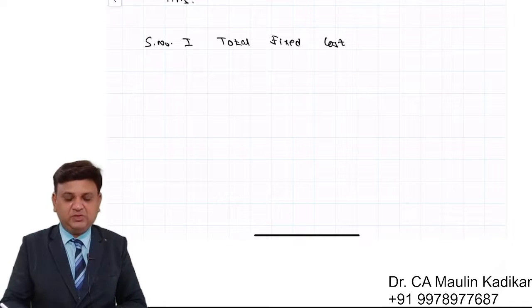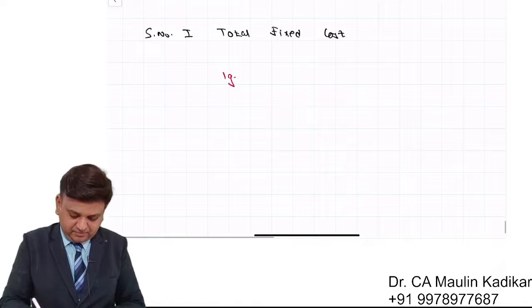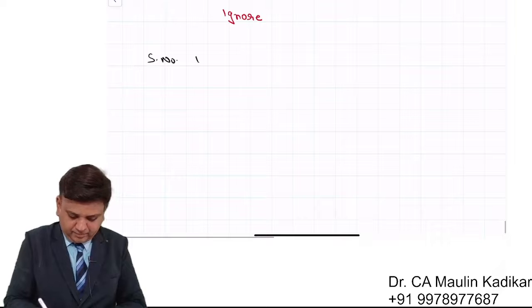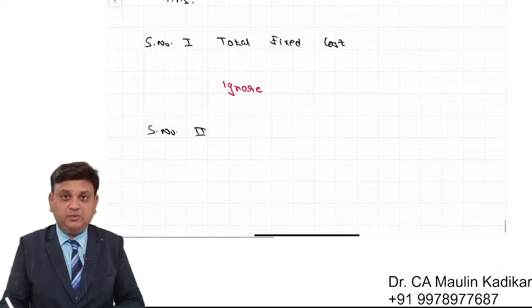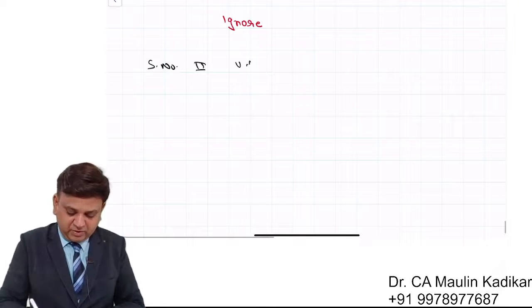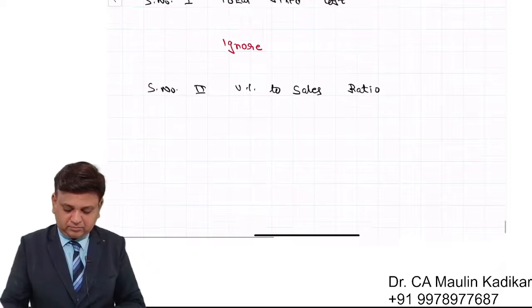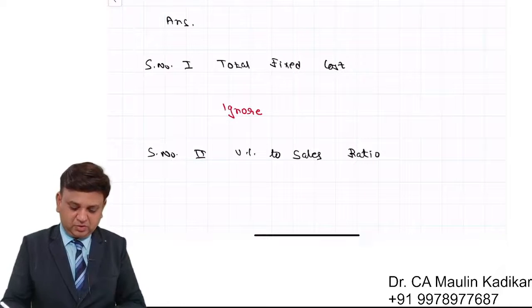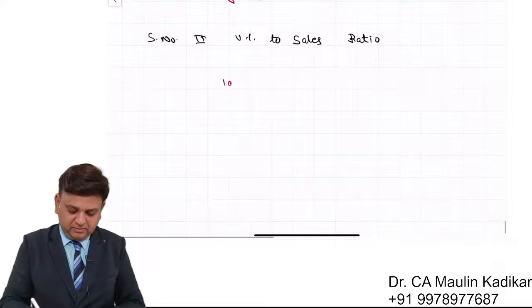In this question, it has not been given, so we are ignoring it. Step number two, variable cost to sales ratio. Again, that information is not given, so we are ignoring it.